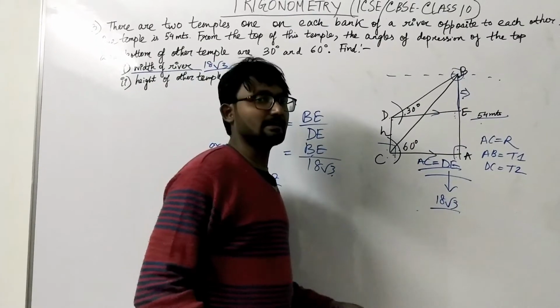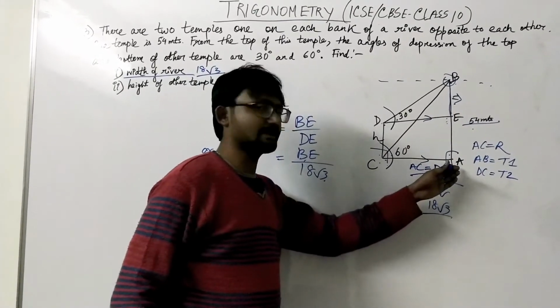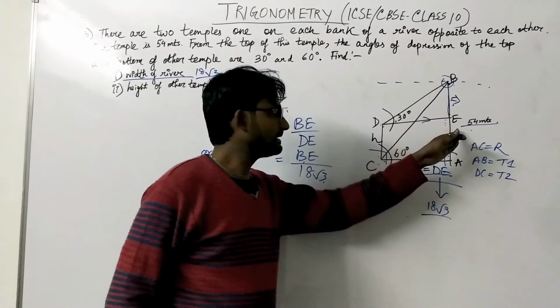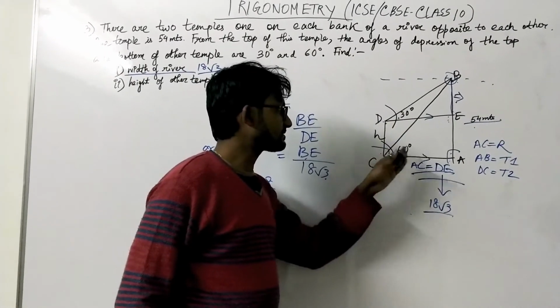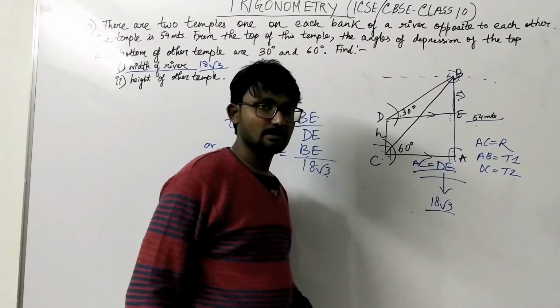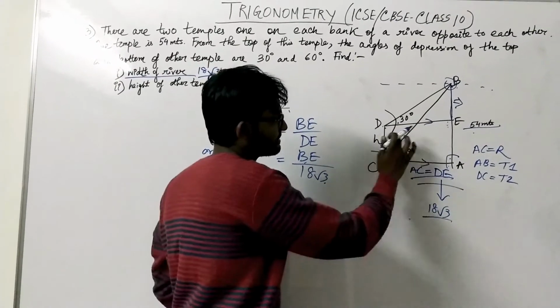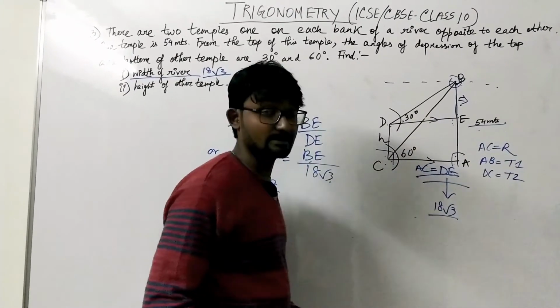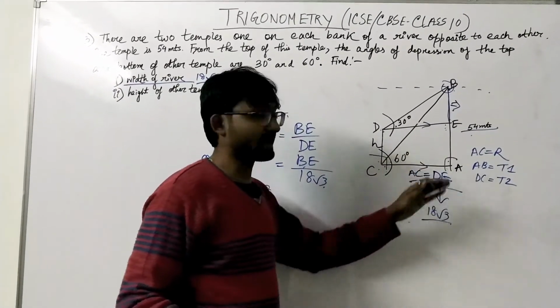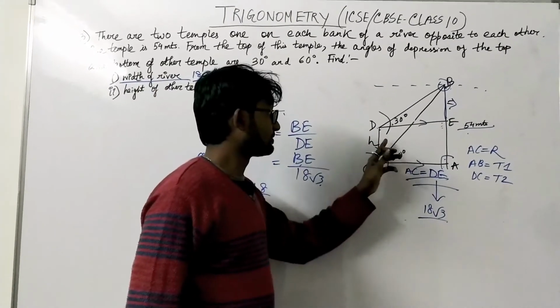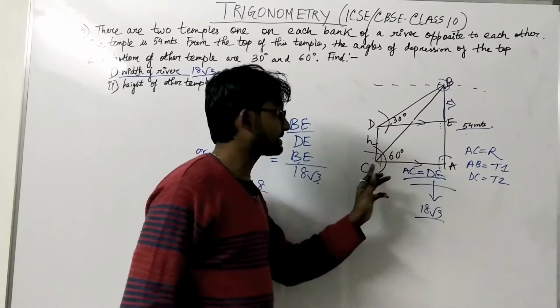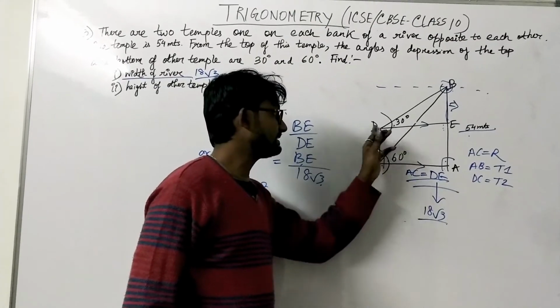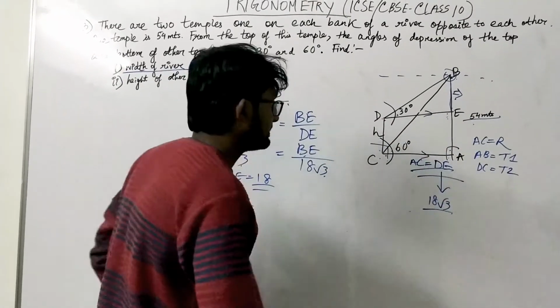Again the same thing. The main thing is, as AC is equal to DE, similarly DC is also equal to AE. Why? Again the same thing, these two lines are parallel, these two lines are parallel. So you guys know opposite parallel sides are always equal. So over here, as AC is equal to DE, similarly CD is equal to AE.